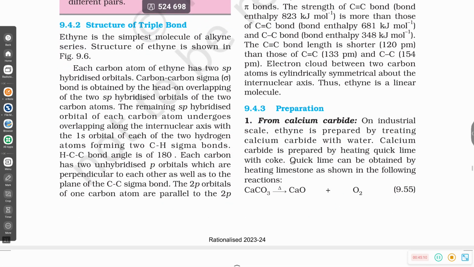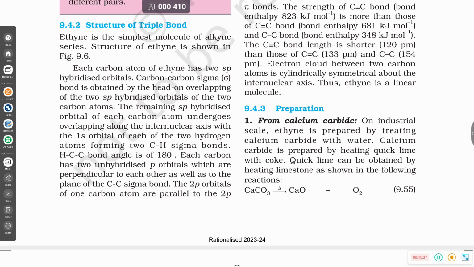Okay, now you see preparation from calcium carbide, right? Calcium carbide. How are we preparing? On industrial scale, ethyne is prepared by treating calcium carbide with water. But that calcium carbide is prepared by heating quicklime with coke.